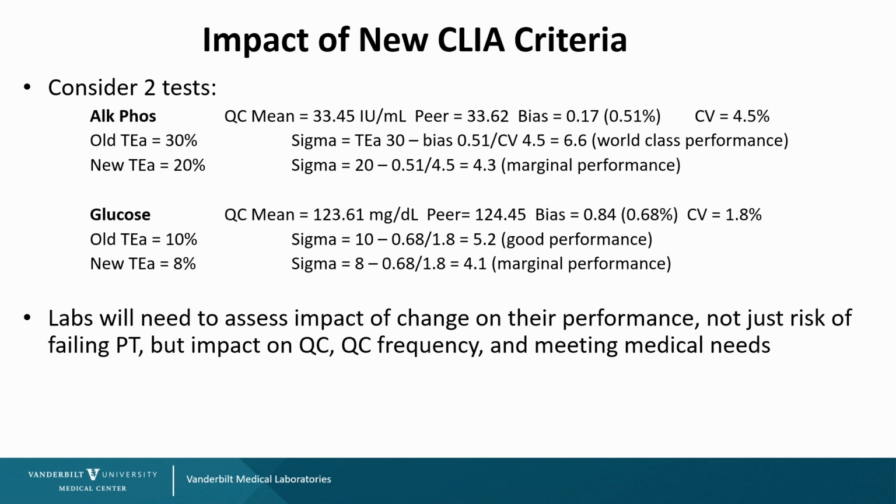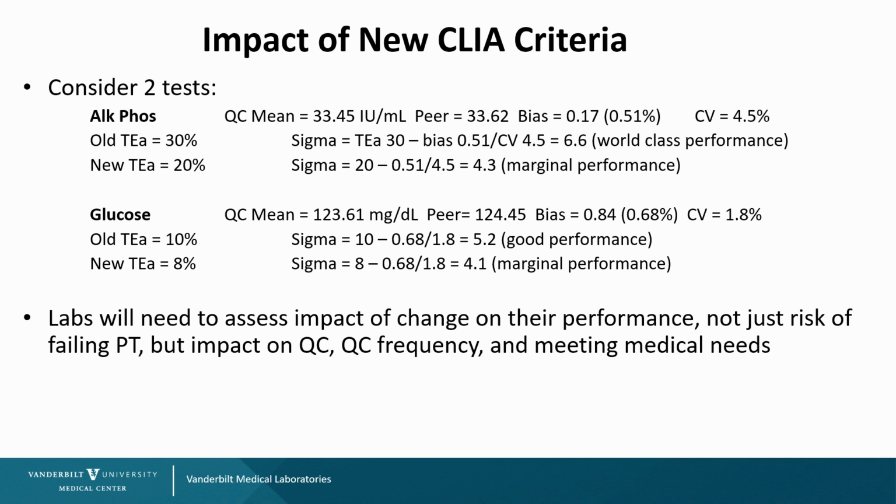Let's consider 2 different tests. Alkaline phosphatase. The old total allowable error limit of 30% is now tighter, 20%. So if we have a QC mean of 33.45, our peer group is running around 33.62. That calculates a bias of about 0.5%.